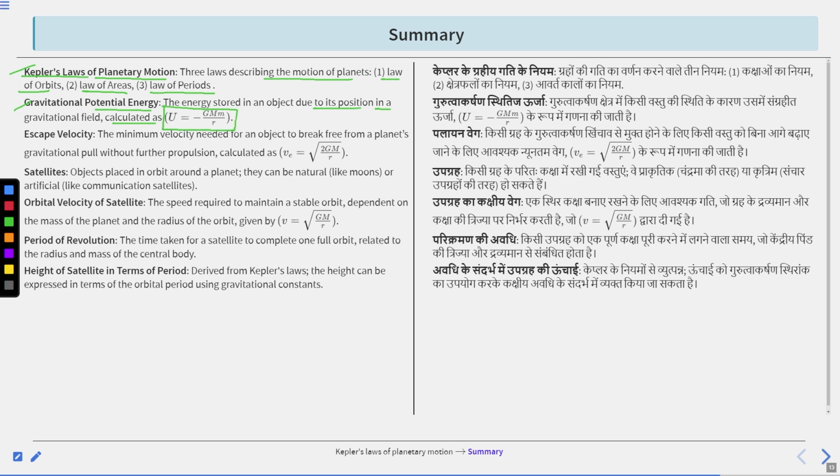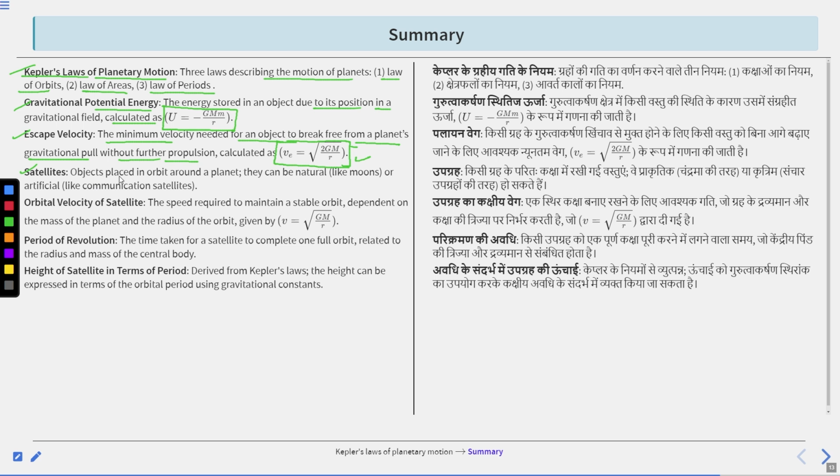Next is escape velocity, the minimum velocity needed for an object to break free from a planet's gravitational pull without further propulsion, calculated as V equal to under root 2GM divided by R. So this is the escape velocity formula. Clear?